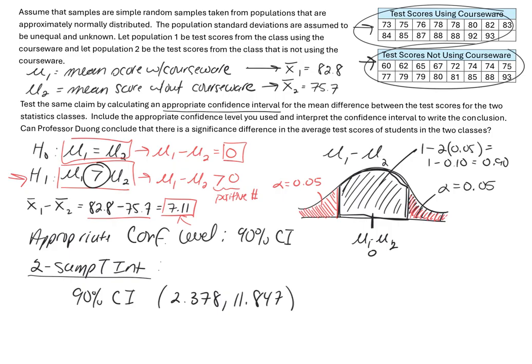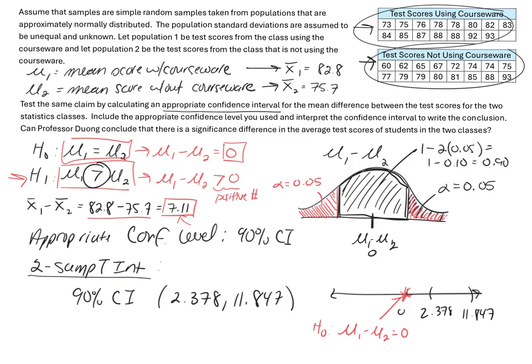Notice that if I draw this confidence interval on a number line with 0 at the center, not drawn to scale, but let's say that this marking here is 2.378 and this marking here is 11.847, it does not contain 0. This marking 0 is where mu1 minus mu2 is equal to 0, the null hypothesis claim.